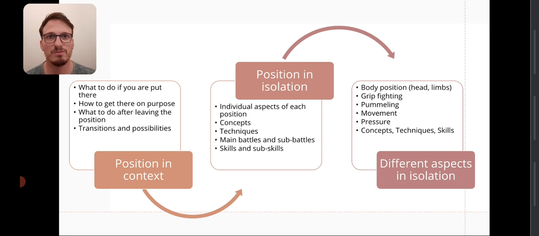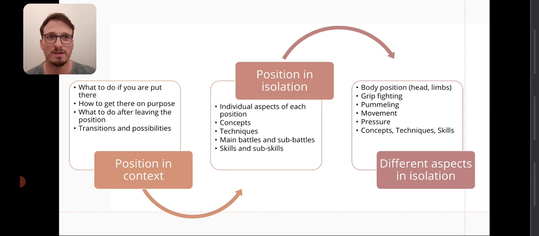Which skills do you need to be successful in the position? It is also important, when you teach half guard bottom, for example, that you also talk about the aspects from half guard top, so that when people are drilling, the half guard top player can actually pretend to be a good half guard top player and give good resistance and make good decisions to make the progressive drilling really useful.